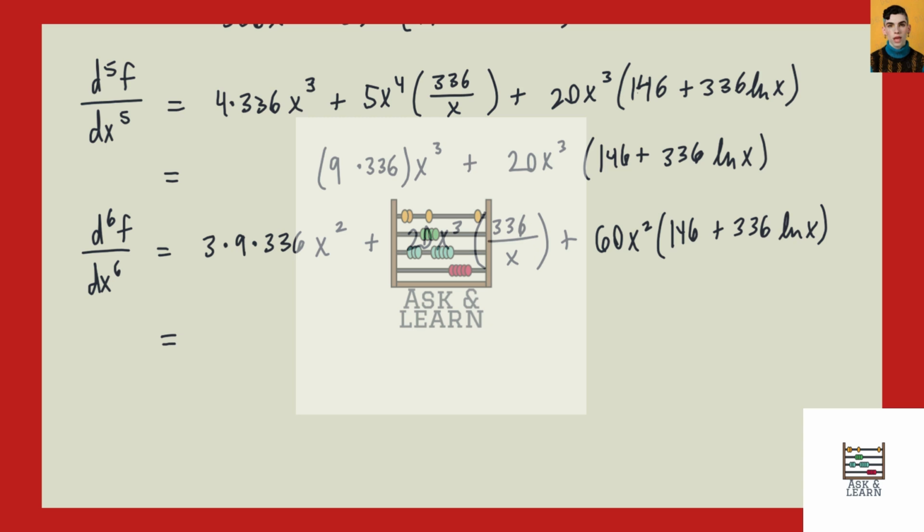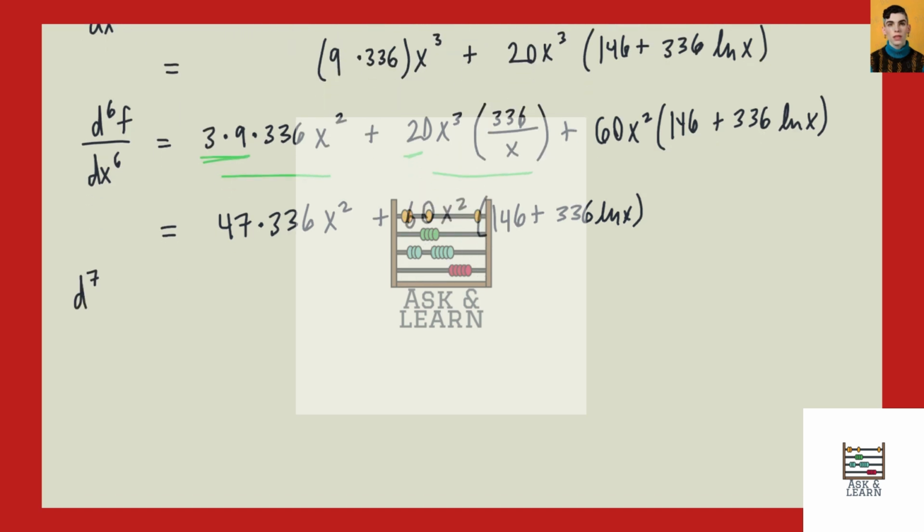These terms are both terms of x squared. This is 27, and this is 20, so 27 plus 20 is 47. So we have 47 times 336 x squared plus 60x squared times 146 plus 336 natural log x.